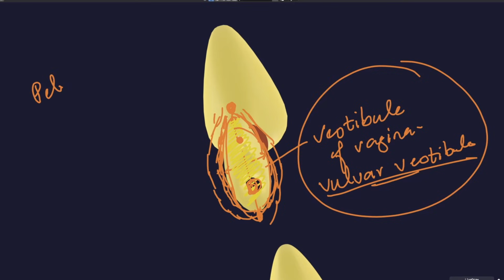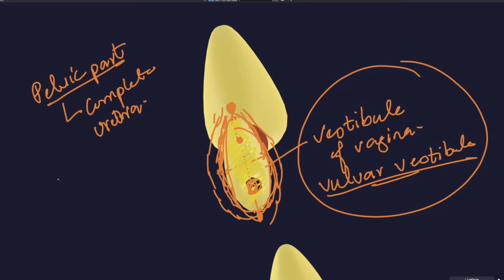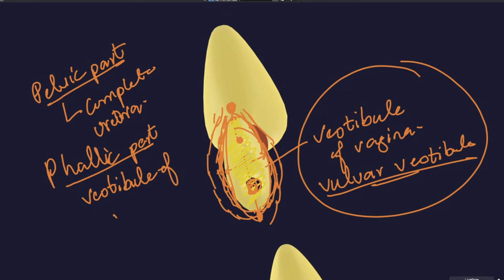The pelvic part in the female embryo forms the complete urethra including the membranous urethra, and the phallic part forms the vestibule of the vagina or vulvar vestibule.